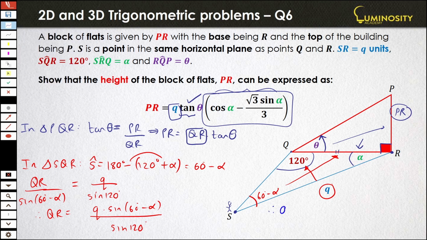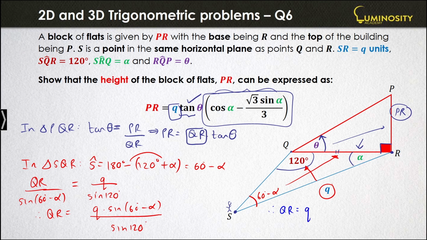So QR equals q times, now I've got sine of A minus B, so I can use my sine compound angle formula. That's going to be sine 60 degrees cos alpha, and because it's minus, we put minus cos 60 degrees sine alpha, and that's all divided by sine of 120.